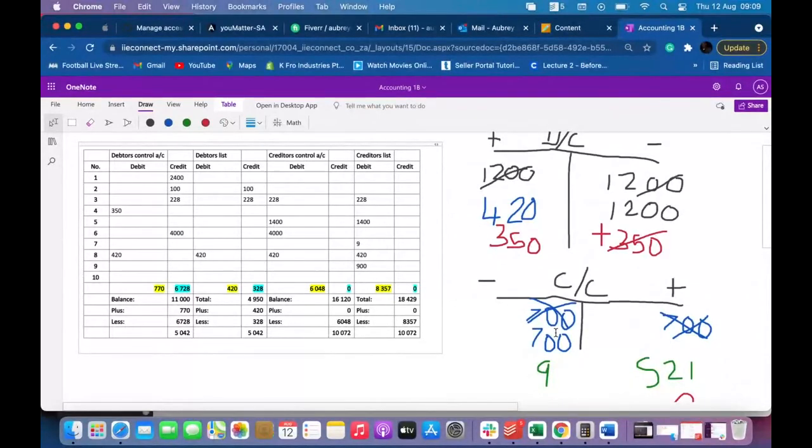Then we go on to number 10. A check counterfoil for a check issued to a creditor shows the correct amount of 6,000. So we issued a check for 6,000 and the counterfoil shows the correct amount. We paid a creditor 6,000.